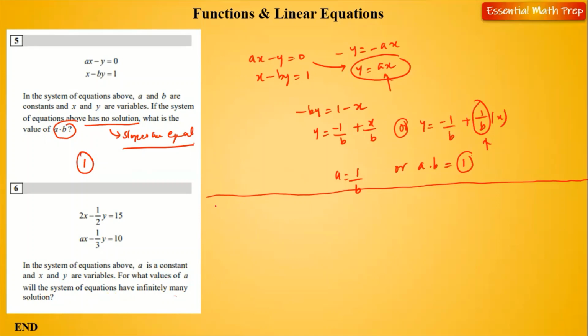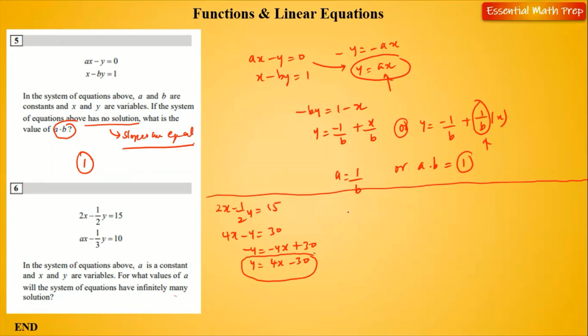So let's do that. 2x minus 1/2 y equals 15. If you multiply by 2 on both sides, it makes it 4x minus y equals 30. So negative y equals negative 4x plus 30, so y equals 4x minus 30, right? That's one of the equations.